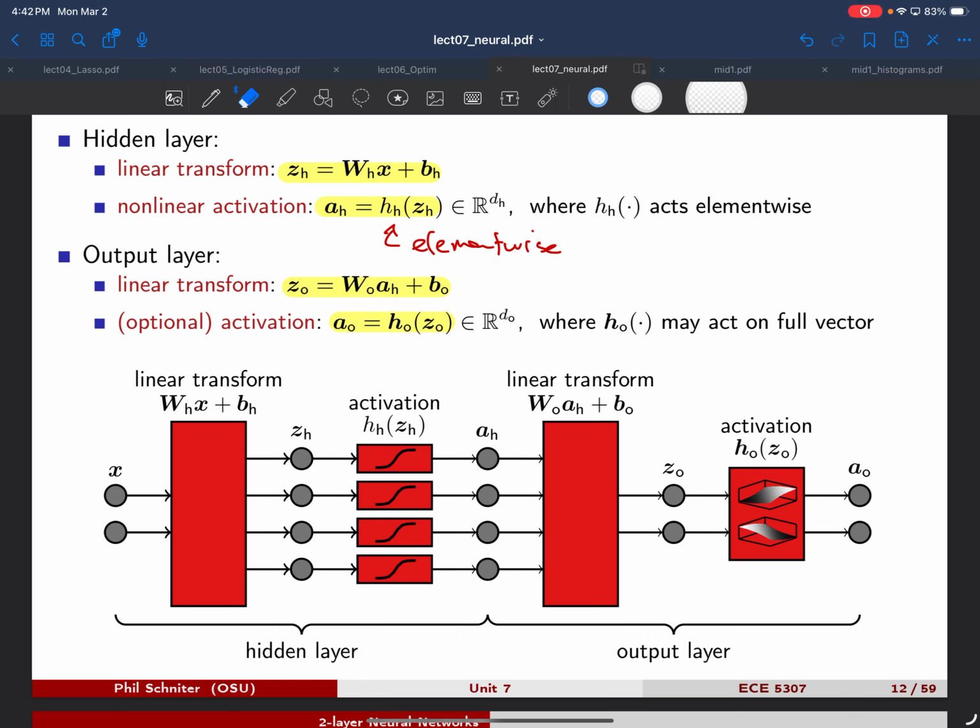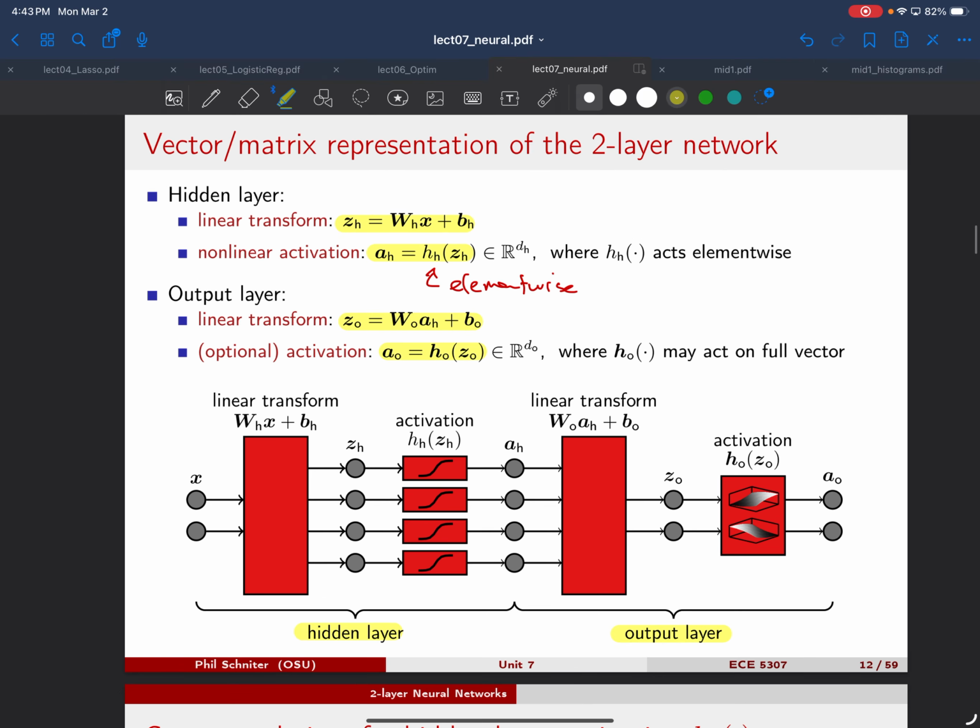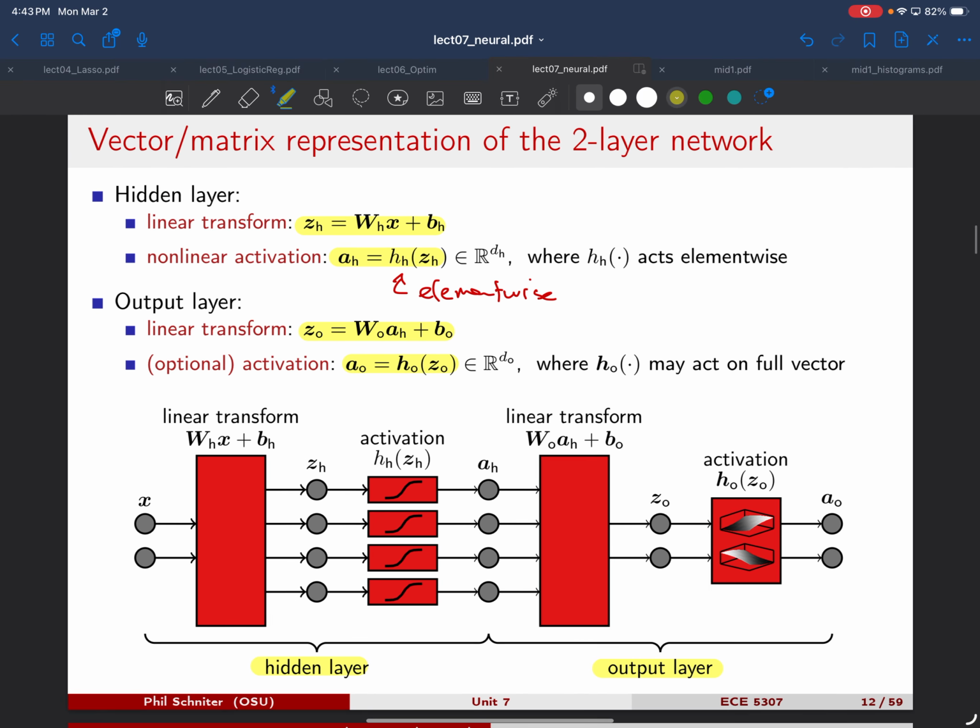So in general, if I have k different output classes, and I have the softmax function in here, I could have a k by k type of processing from my linear scores to my soft outputs. Okay, so again, this is just taking a peek at the math behind the 2-layer network. Any questions here?